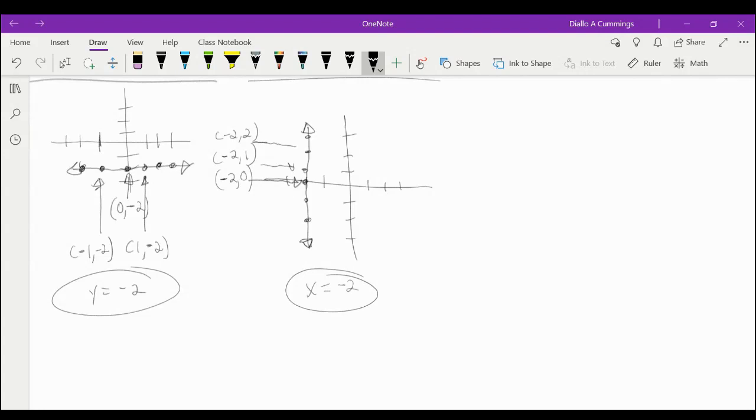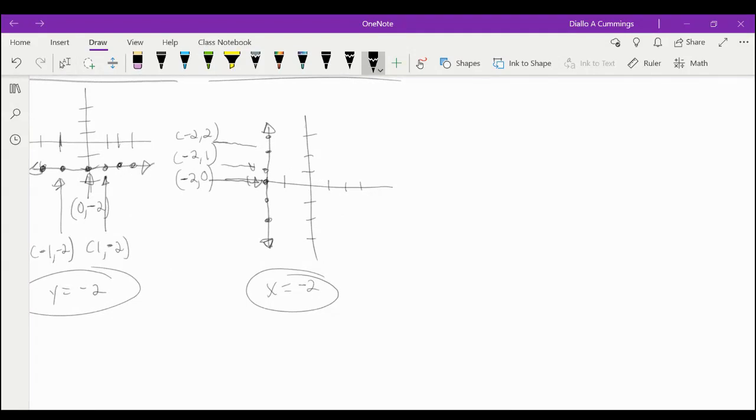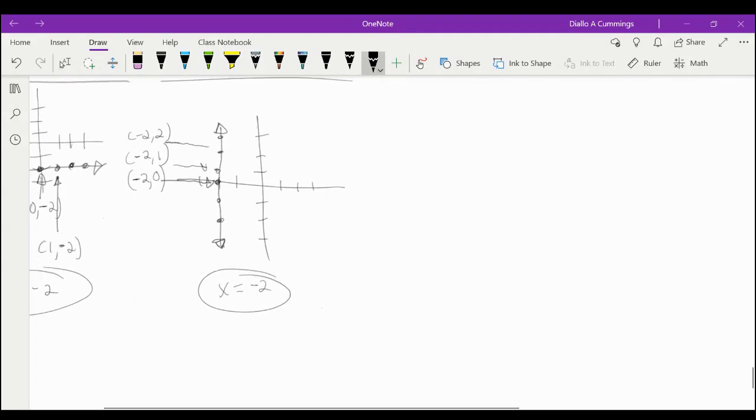Basically, if it's a horizontal line, you want to look for the y coordinate that the line passes through. If it is a vertical line, you want to look for the x coordinate that your graph passes through. I wrote out all these points just so you could see that.